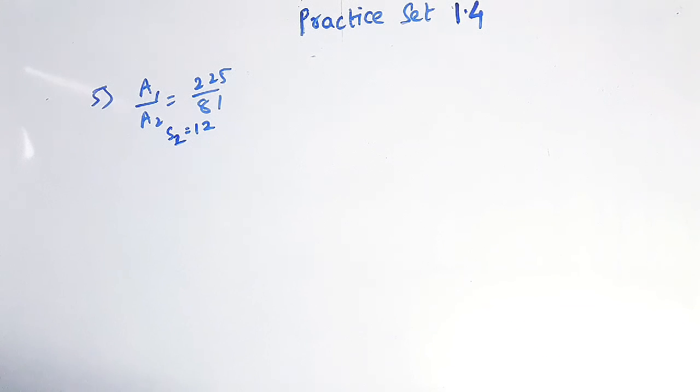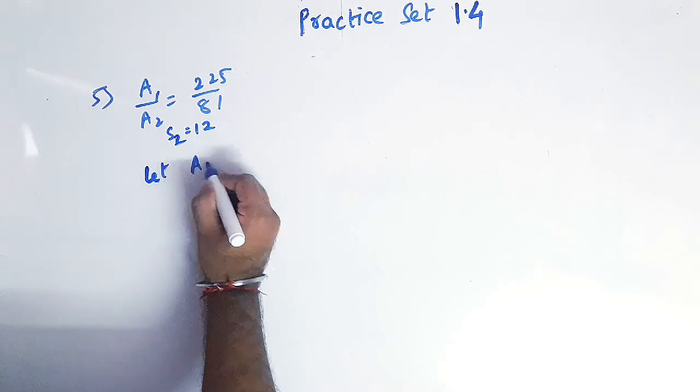Okay, so sum number 5 says that the ratio of areas of two similar triangles is 225 to 81 square centimeter. If the side of the smaller triangle is 12 centimeter, then find the corresponding side of the bigger triangle. Okay, so you can assume them.